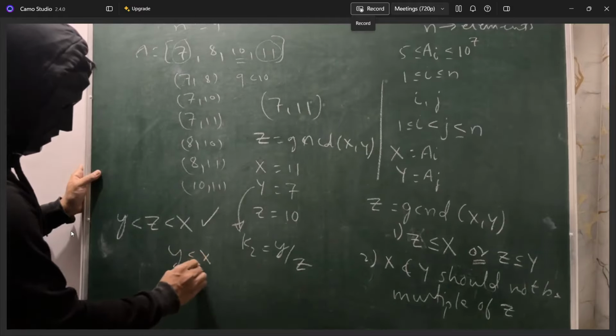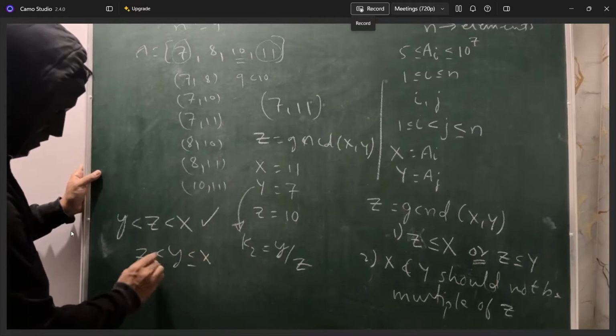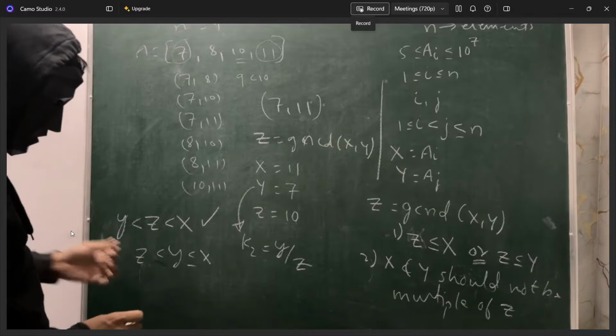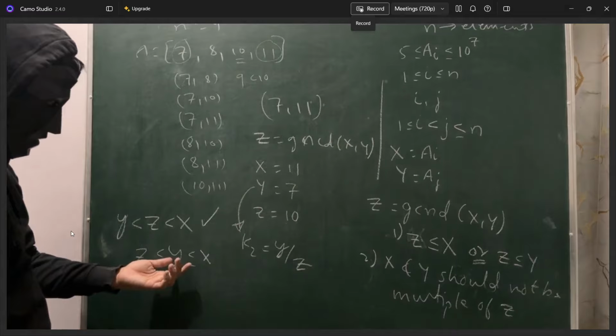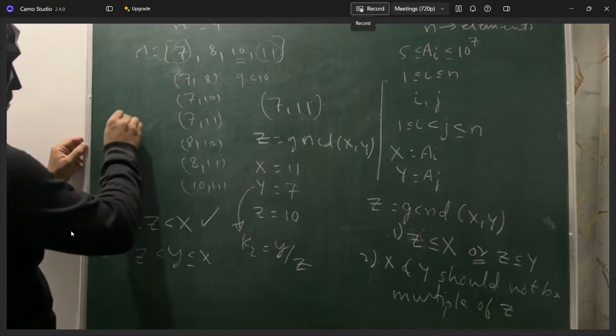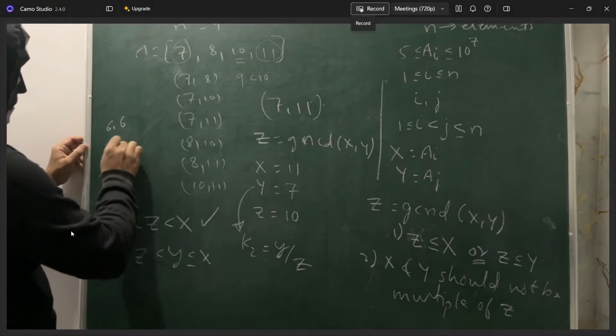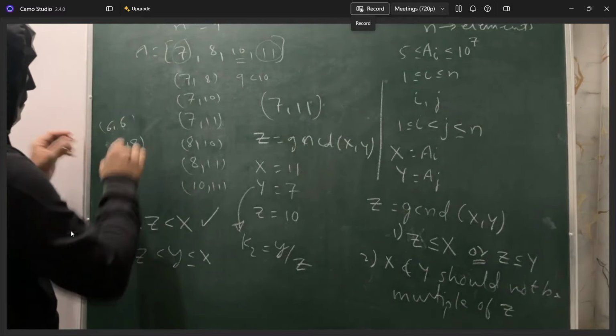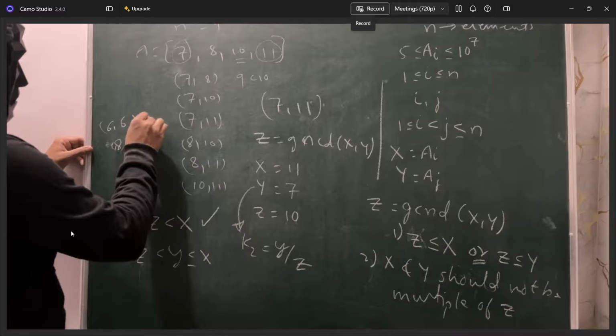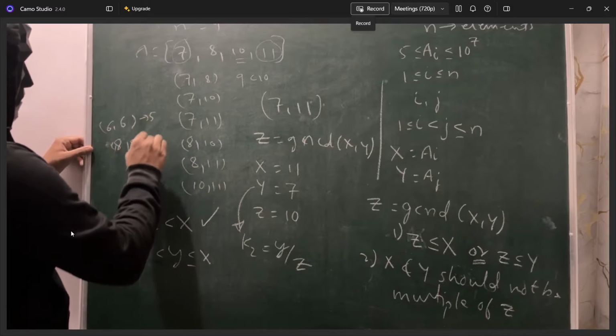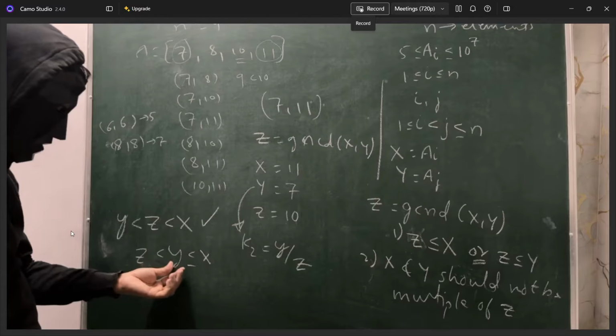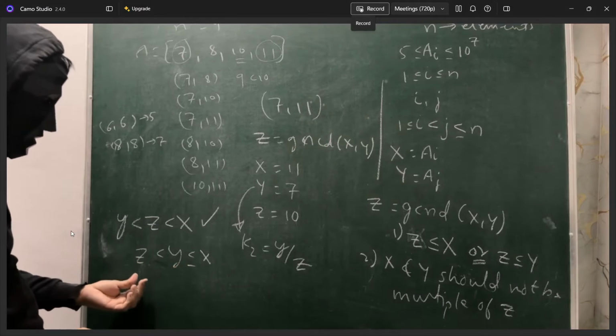Or else you will be trying to find in this way. Equal to will not be there, because when both elements are the same, like we have seen in the 6, 6 case and the 8, 8 case, in that case your z was one lesser than that, like 5. Here also one lesser than 7. That's why when both are equal, your z should be smaller.